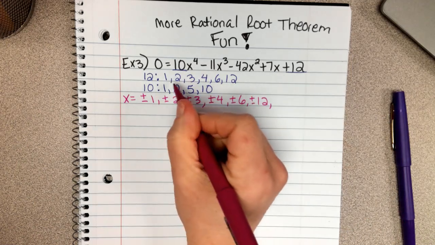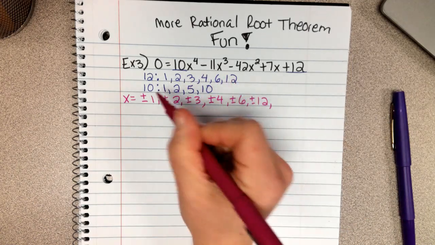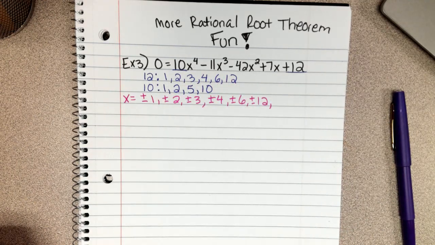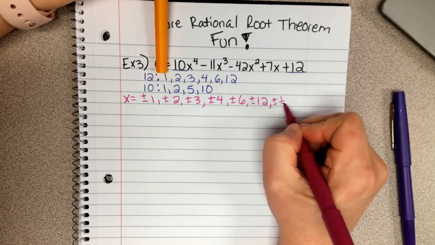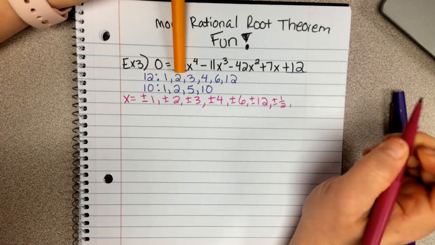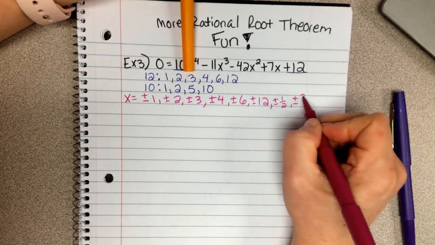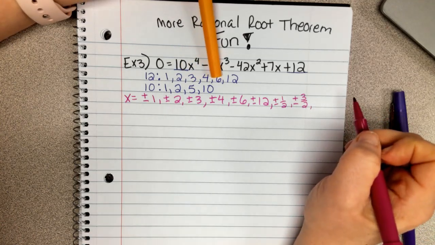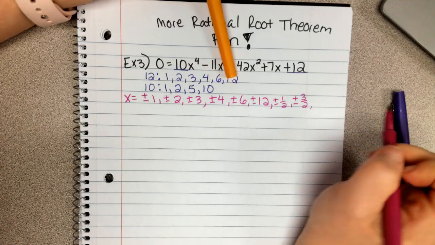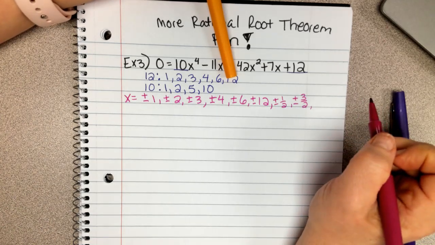The next thing I'm going to do is divide all of these by 2. If that number is already listed, then I'm not going to repeat it. Okay, so what I have here is 1 divided by 2. Okay, 2 divided by 2 is listed. 3 divided by 2, 4 divided by 2 is listed. 6 divided by 2 is listed. And 12 divided by 2 has already been listed.